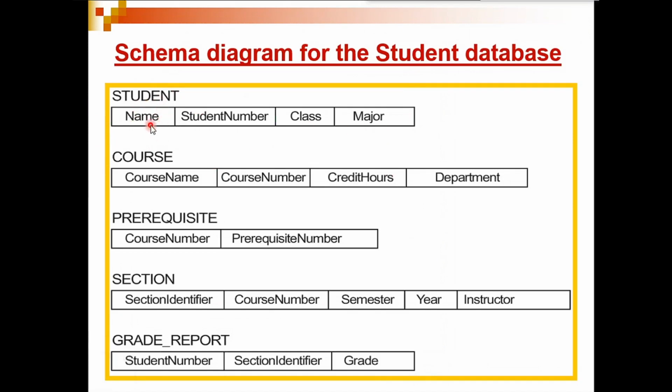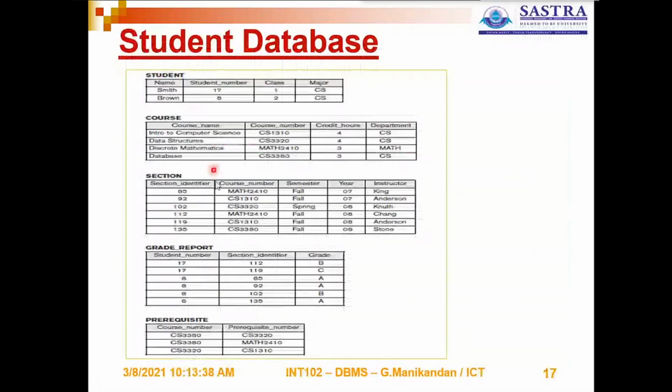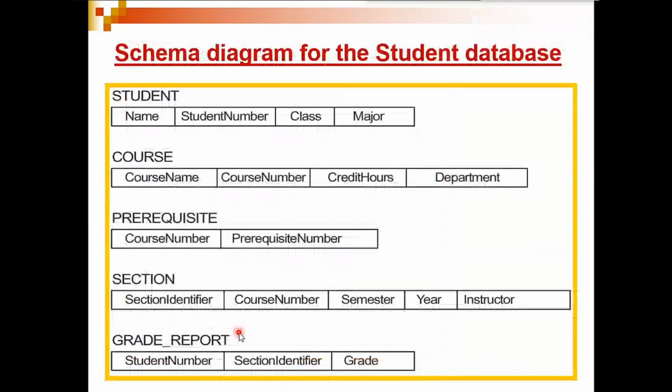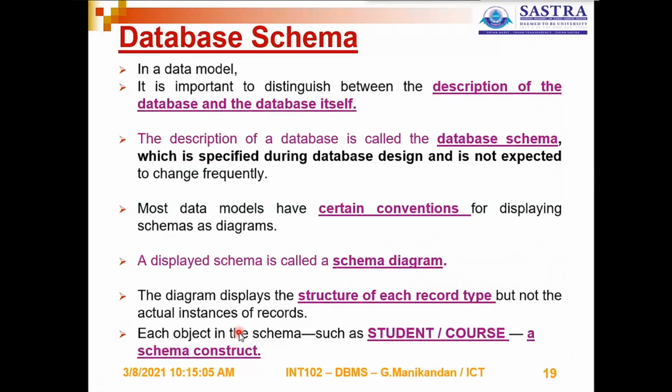You are going to have name, student number, class, and major. If you take the prerequisite, you will be having the fields like course number and the prerequisite number. So this is the equivalent schema diagram for your student database.